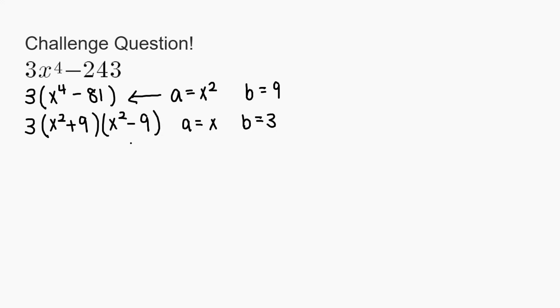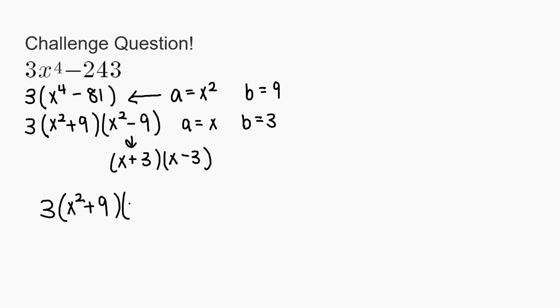So this factored gives us x plus 3 times x minus 3. Our final answer is 3 times x squared plus 9 times x plus 3 times x minus 3.